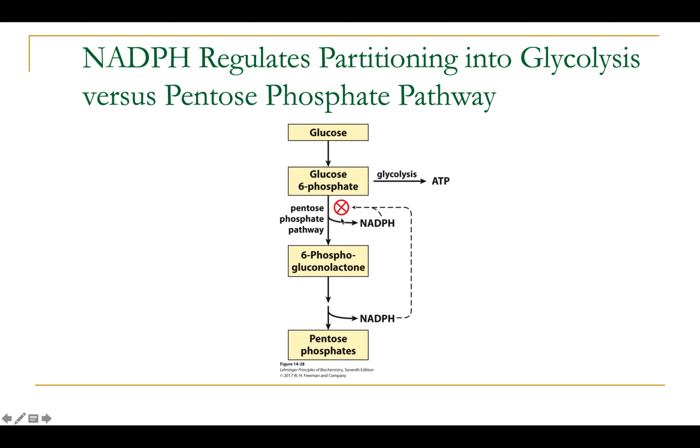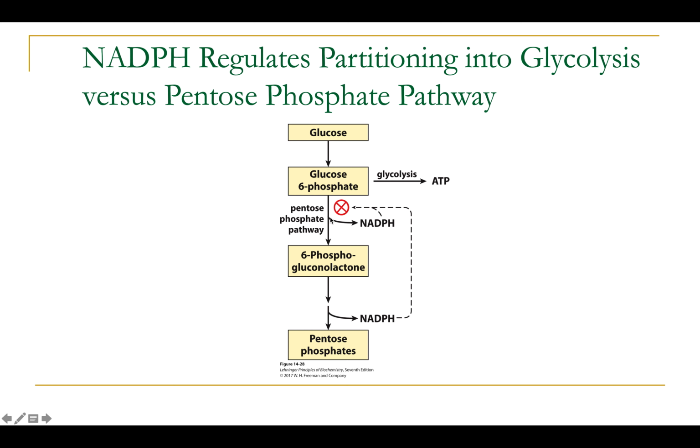So one important regulator of this partitioning is the first enzyme in the pentose phosphate pathway, glucose 6-phosphate dehydrogenase. This enzyme is highly allosterically regulated by NADP+. NADP+ signals the shortage of NADPH, and it works as a potent activator of glucose 6-phosphate dehydrogenase.